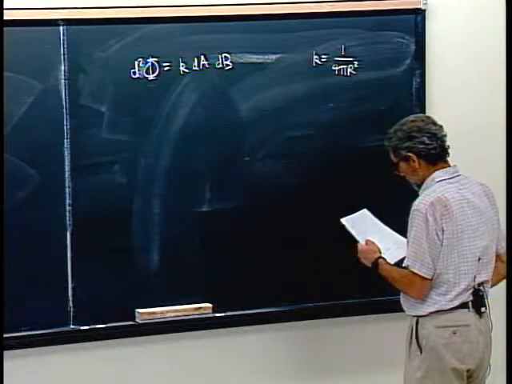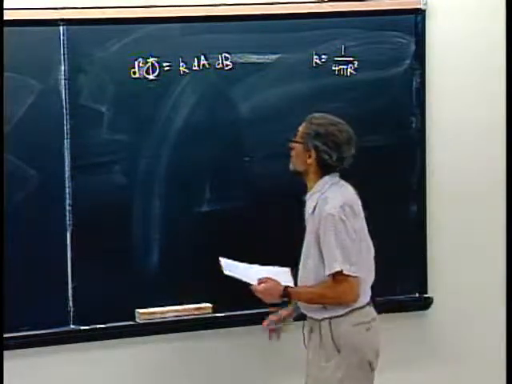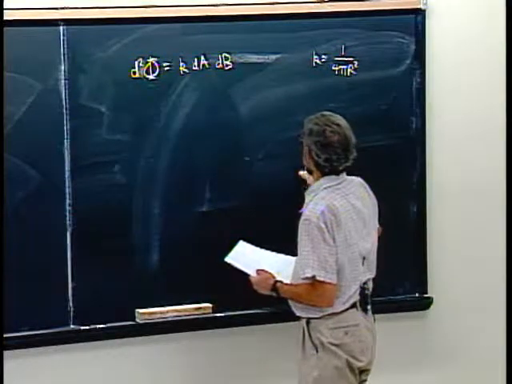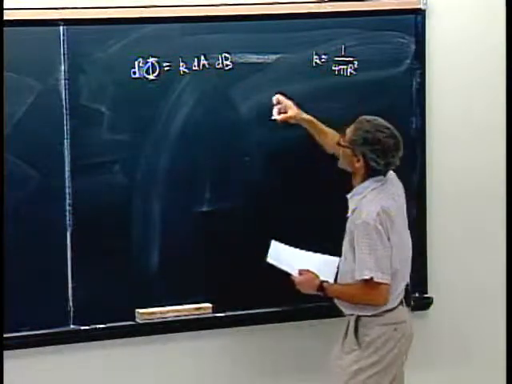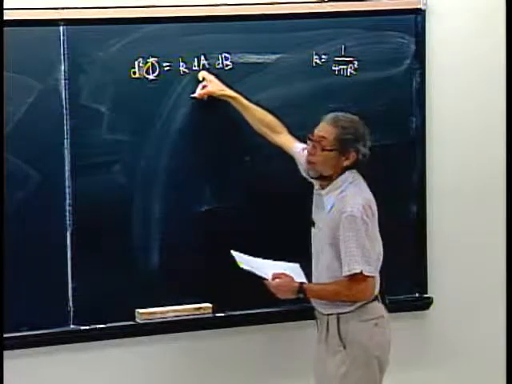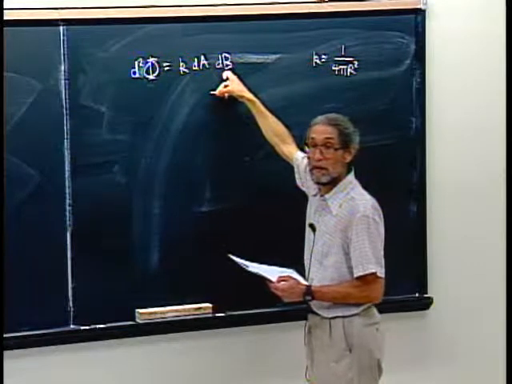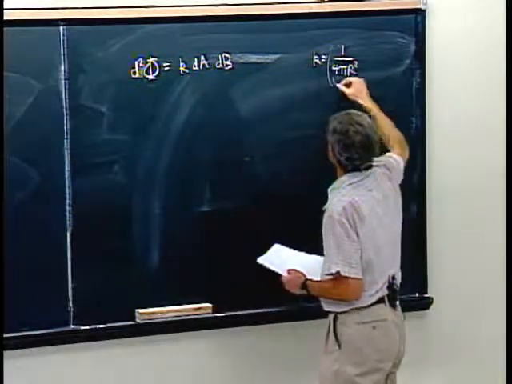Let's just assume it's a constant. I'm wondering if I have to square this because I've got a dA and a dB here. Whatever it is, it's proportional to the area dA and dB. It probably is this thing squared.